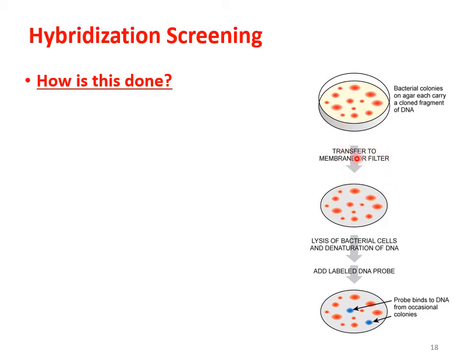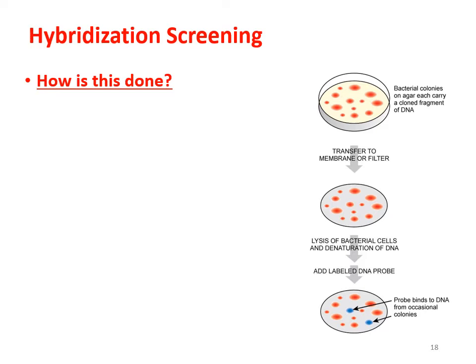You then lyse these bacteria, and you denature the DNA with alkaline or very basic solution. Okay? So now when you have denatured DNA, what do you know about single-stranded DNA? Well, single-stranded DNA will like to try and find its partner.